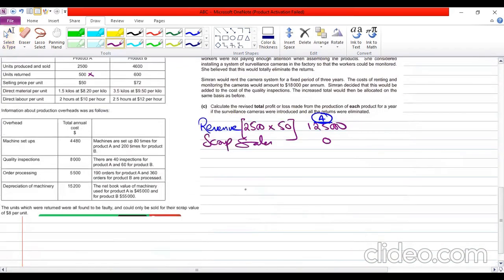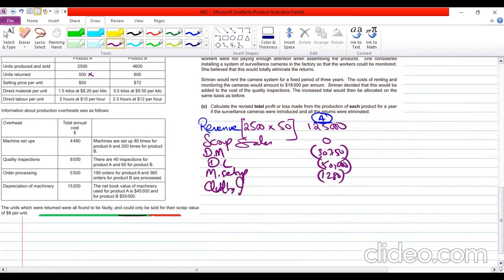And if I write like this, that's a direct material as above, 30750. Direct labor as above, no change, right? Machine setup, same. You can add them all together and deduct one time as well, is acceptable.